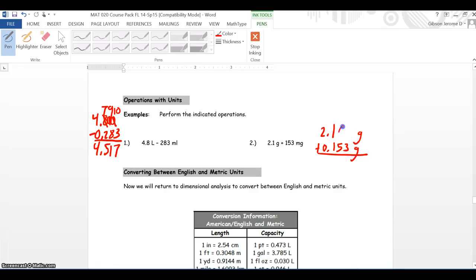We will add 2 zeros here as placeholders. And now we add. 0 plus 3 is 3, 0 plus 5 is 5, 1 plus 1 is 2, bring down our decimal, and 2 plus 0 is 2. So our final answer would be 2.253 grams, and we are done.